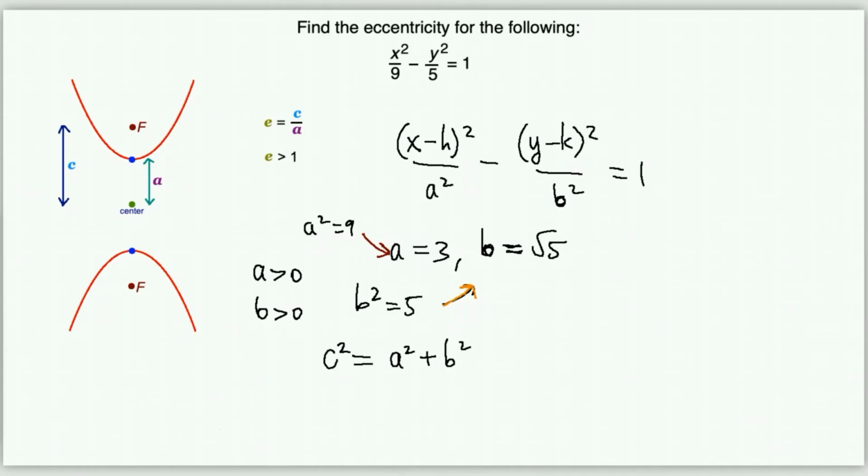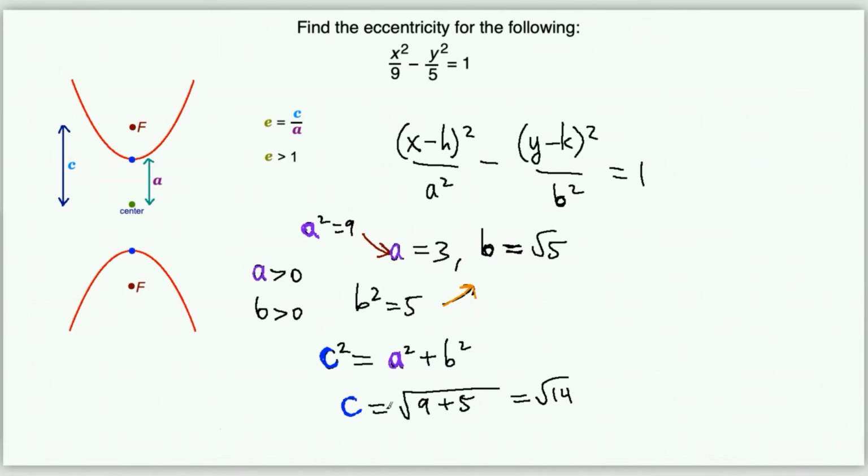So c is going to be the square root of a squared plus b squared. a squared is 9, b squared is 5, so as a result, this is equal to radical 14.